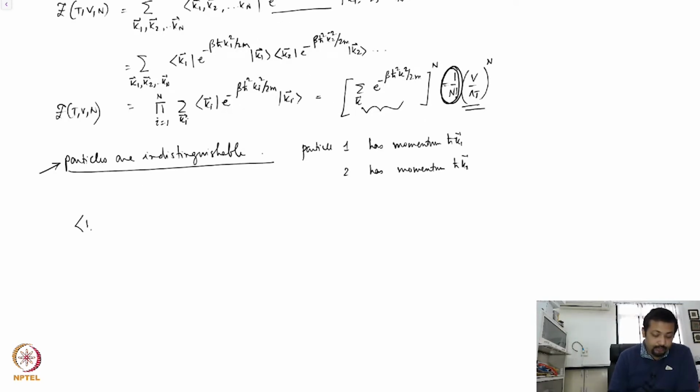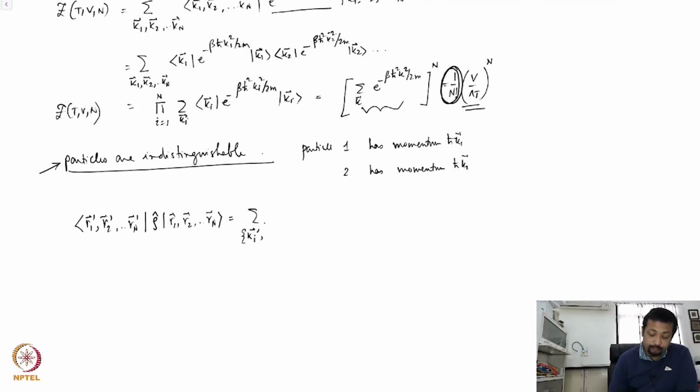So the density matrix in the coordinate representation is r1 prime, r2 prime, rn prime, rho hat, r1, r2, rn. And then we introduce the completeness of the vector. I'm going to compactify the notation.